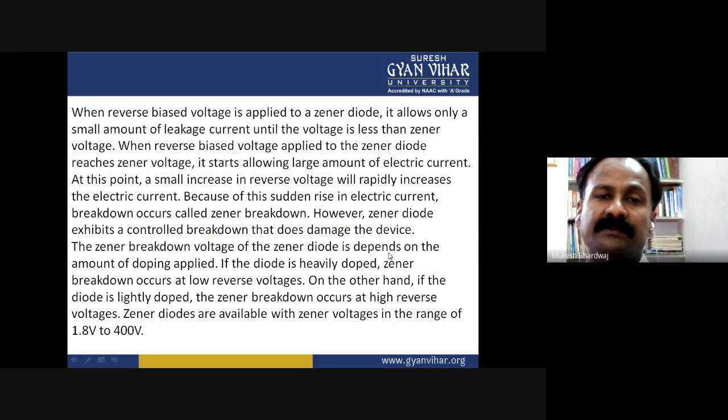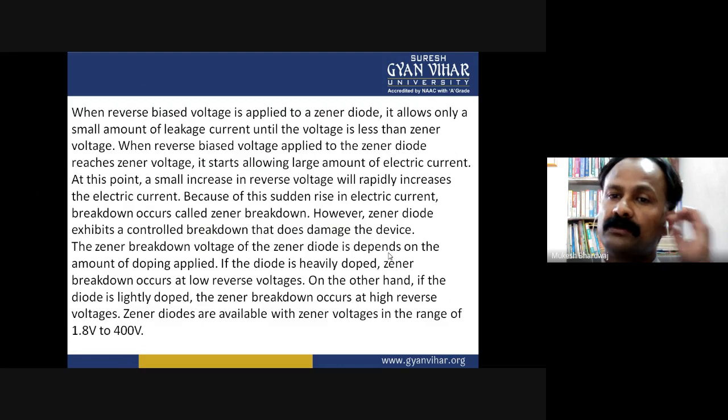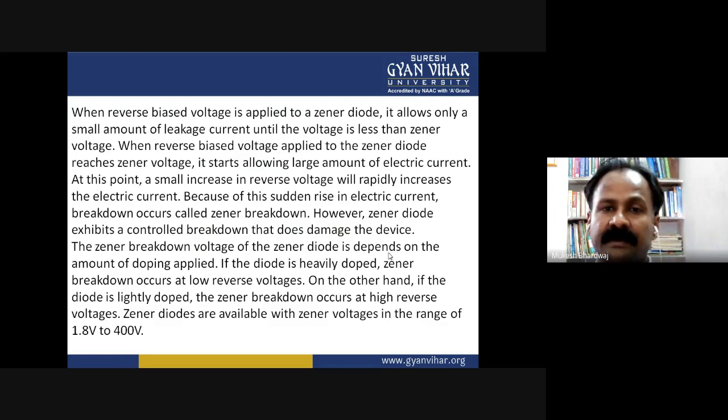It allows only a small amount of leakage current until the voltage reaches the Zener voltage. When the reverse voltage reaches the Zener voltage, it starts allowing a large amount of electric current.